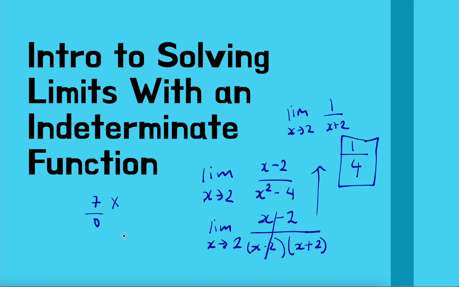And if you get any other value, like negative 1 over 0, that's not indeterminate. So if you plug in the value that x approaches into a certain function, and you get something along the lines of a constant over 0, the answer is going to be undefined. There is probably no other way to solve that limit.